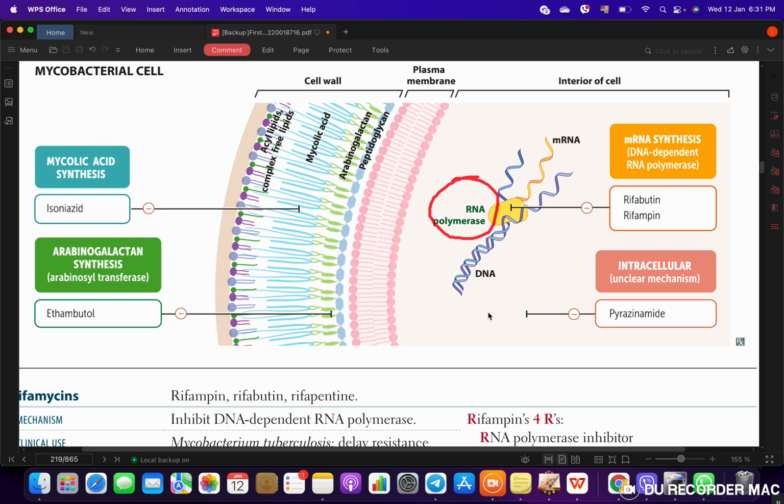Transcription, converting the DNA into RNA. Okay, so rifabutin and rifampin block this. They block the mRNA synthesis, which is done by DNA-dependent RNA polymerase. Blocking this will lead to less RNA being made. Less RNA will lead to less protein. Less protein means that the mycobacterial cell will die.